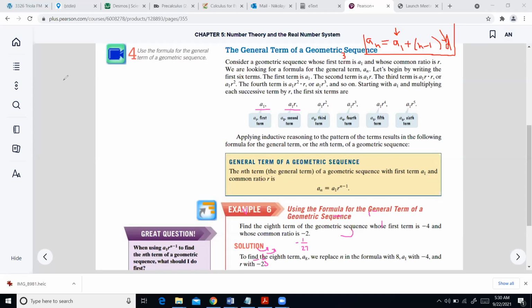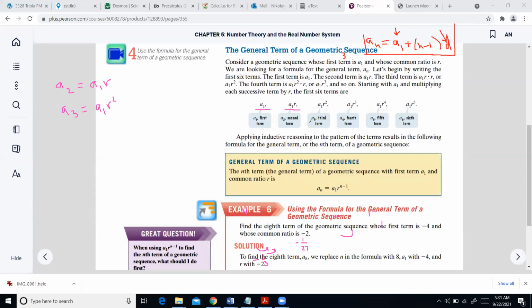So let me write these formulas. A2 is going to be A1 times ratio. A3 will be multiplying this by ratio again, so it'll be A1 times ratio squared.